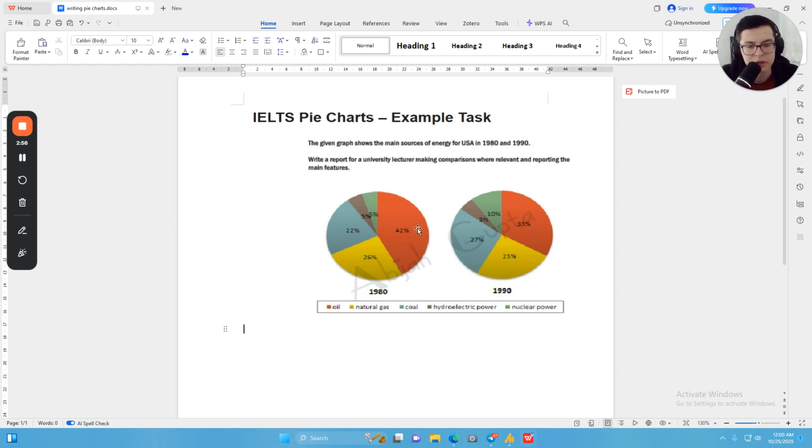So that means practically I need to categorize similar data sets together. For example, the sources with the highest amount, highest percentage, or highest proportion, I have to describe them inside one paragraph. For example, it can be writing down about oil, natural gas and coal in one paragraph, and the remaining two sources of energy could be written in the second paragraph.